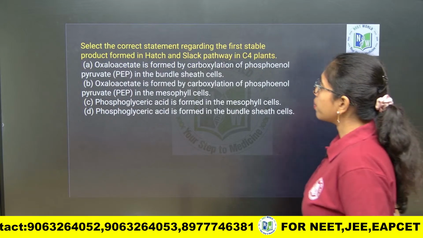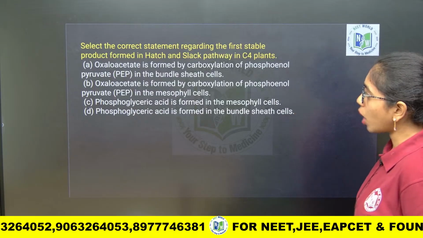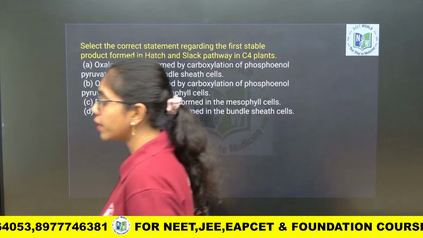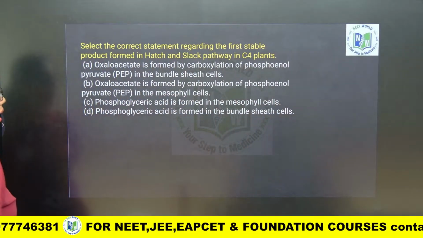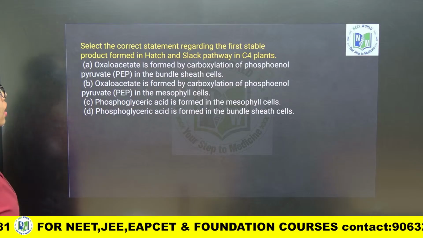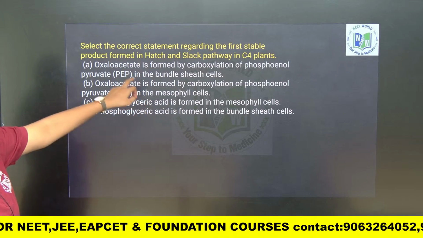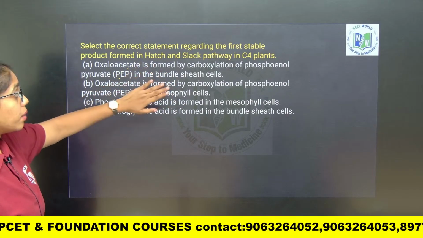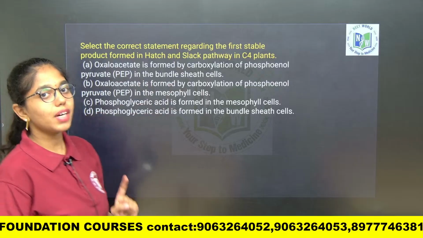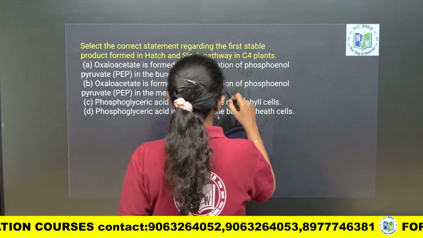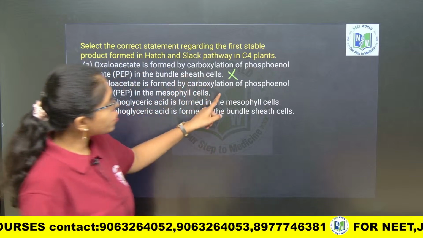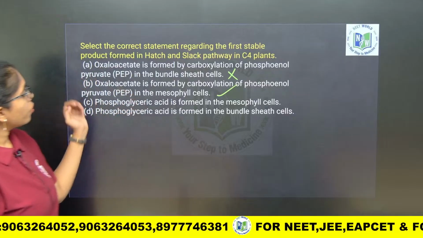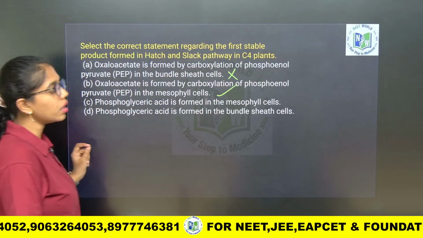Select the correct statement regarding the first stable product formed in the Hatch-Slack pathway. Hatch-Slack pathway, you will also call it as what pathway? C4 pathway. So here OAA, oxaloacetic acid, is formed by carboxylation of PEP in bundle sheath cells. Wrong, because the first carboxylation will occur in mesophyll cells. OAA is formed by carboxylation of PEP in mesophyll cells. This is true. Phosphoglyceric acid is formed in mesophyll cells.